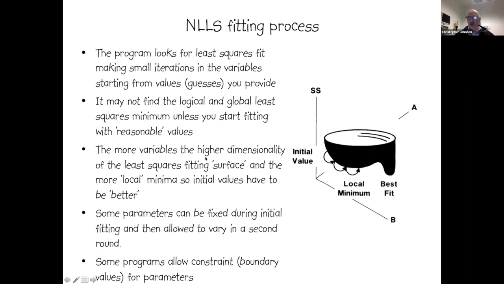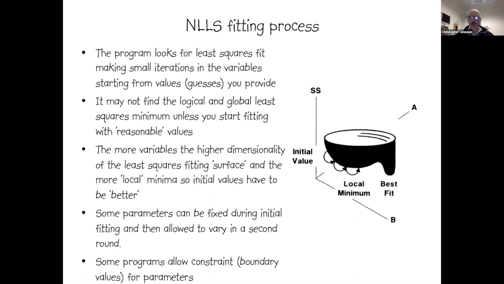The more variables you include in your function, the higher the dimensionality of this least squares fitting surface. In this case, we have 2 variables, so we have a 3-dimensional fitting surface. And so the more local minima there are, and so your initial guesses may have to be better. Some programs usefully allow parameters to be constrained, meaning that you tell the software that this variable can only vary between an upper and a lower limit.